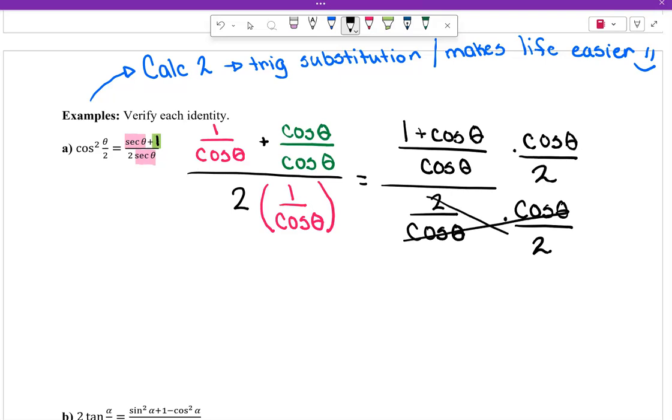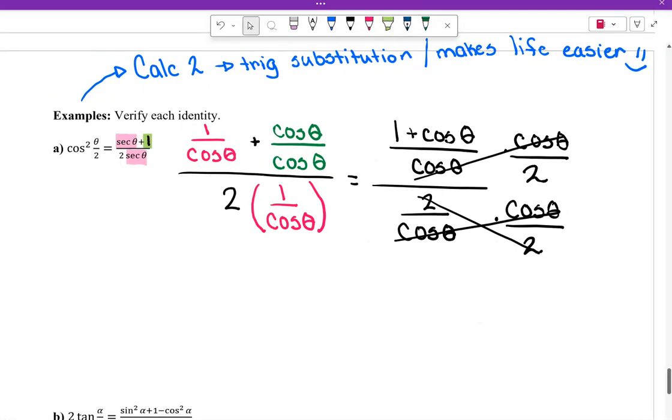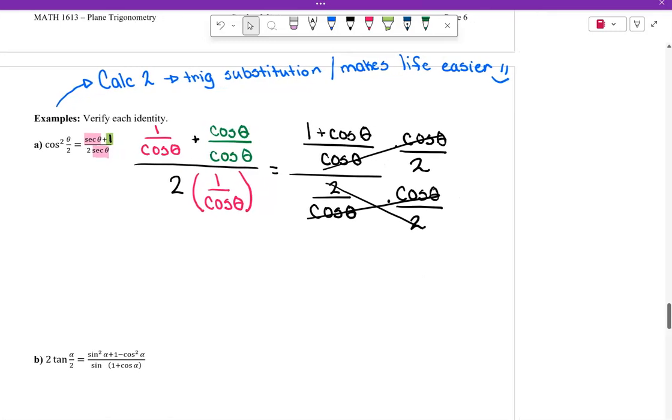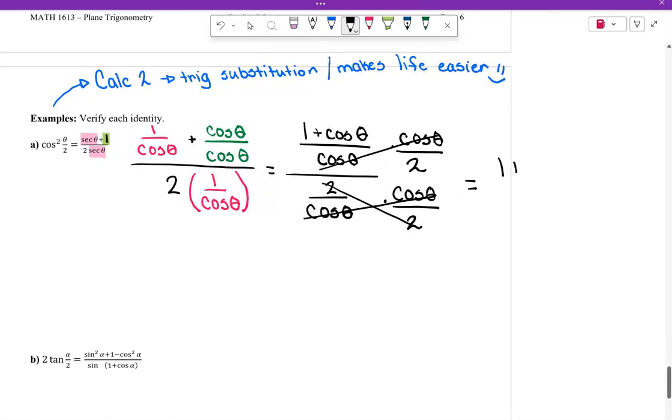So we know these cancel, these cancel, these cancel. And this is going to equal 1 plus cosine of theta over 2.